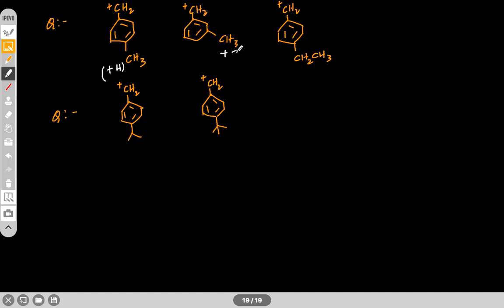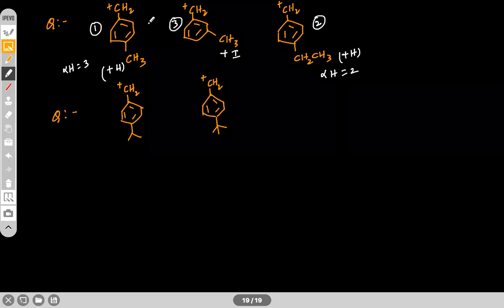At this position we have plus I, and here we have again plus H. The number of alpha hydrogens here is 2, and the number of alpha hydrogens here is 3. So obviously plus H stabilizes the carbocation. So the stability order is, this is 1, this is 2, and this is 3. Is it clear?